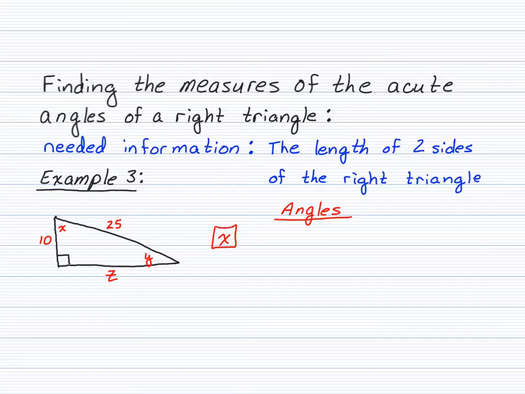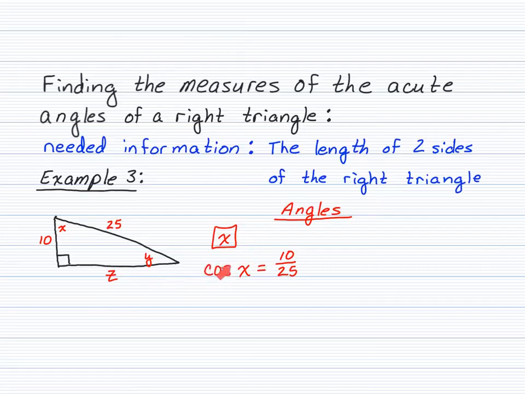All right, so for angle x, the sides that we are given in reference to x, 10 is the adjacent side, 25 is the hypotenuse. So adjacent and hypotenuse is cosine. So therefore, the cosine of x is equal to the adjacent over the hypotenuse. Now, we need to solve for x in this situation, which means we need to get cosine, just the cosine, over to the other side.